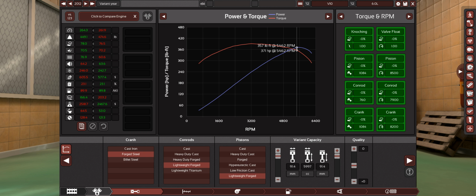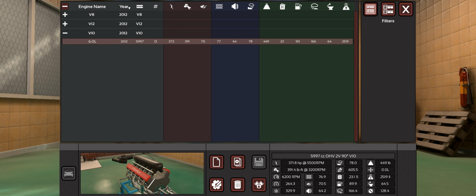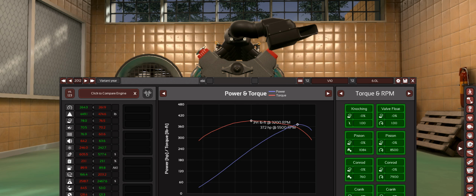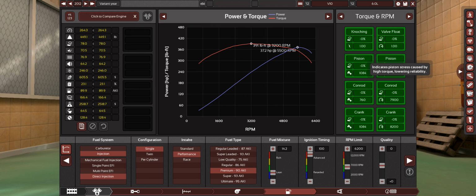It might mean you could edge out another 2-3 miles an hour, depending on the type of car you're running. But it's not such a drastic difference. But what that does mean is that it explains why the V10 engine produces more horsepower. Because even though the red line is the same at 6,200 RPM, because of the increased torque, and horsepower is a function of torque and time, there you go.